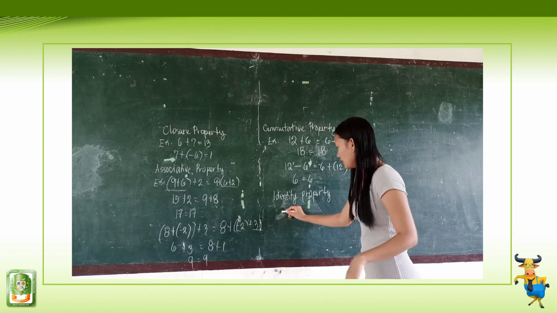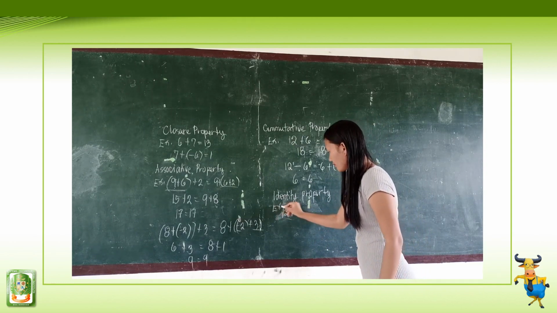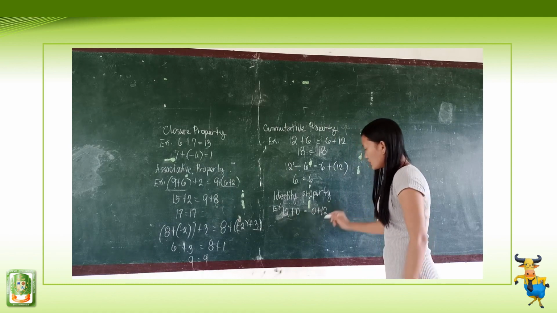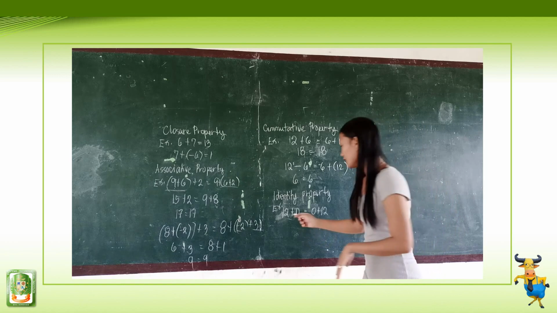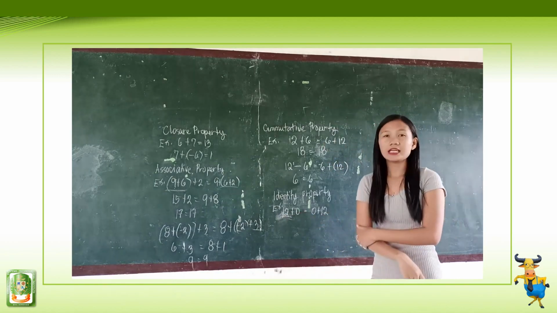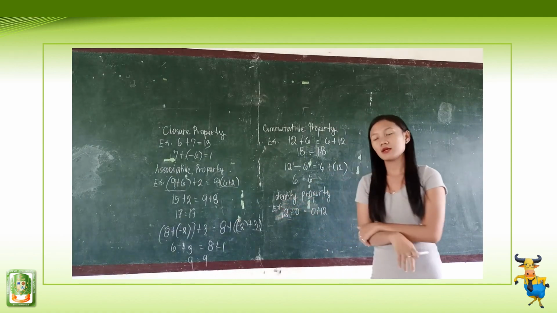So ito yung example: 12 plus 0 equals 0 plus 12. So ang identity na tinatawag natin dito is yung 12. Paano natin malalaman? Dapat yung in-add natin sa 0, yun pa rin yung lalabas na sagot.